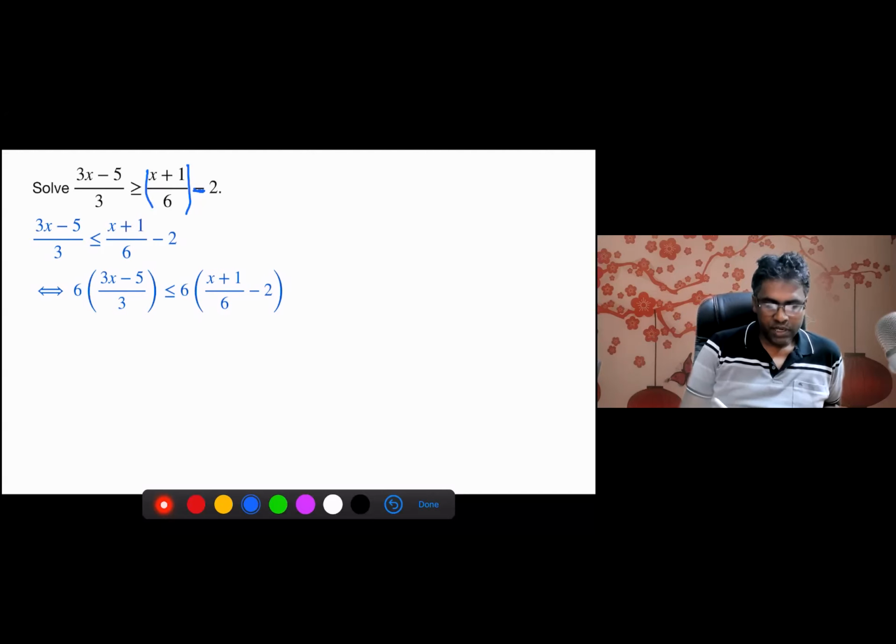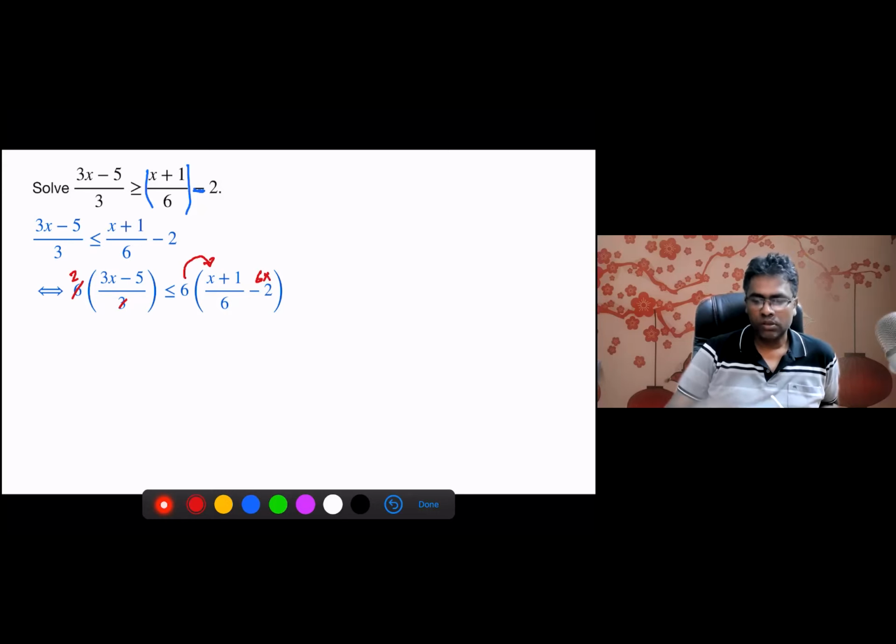Now on the left-hand side, 3 divides 6 into 2. On the right-hand side, you can take 6 inside. So this 6 in the denominator goes away, and then 6 gets multiplied with 2. You understand? Yes, sir.